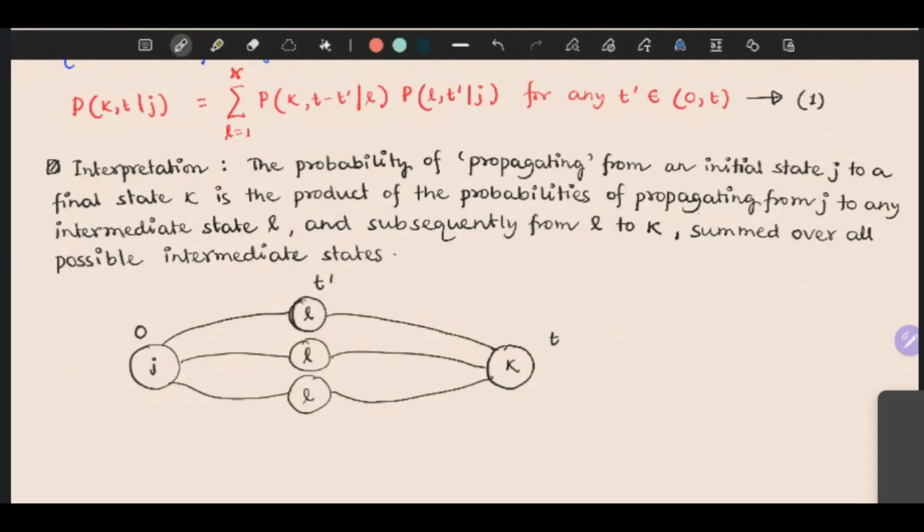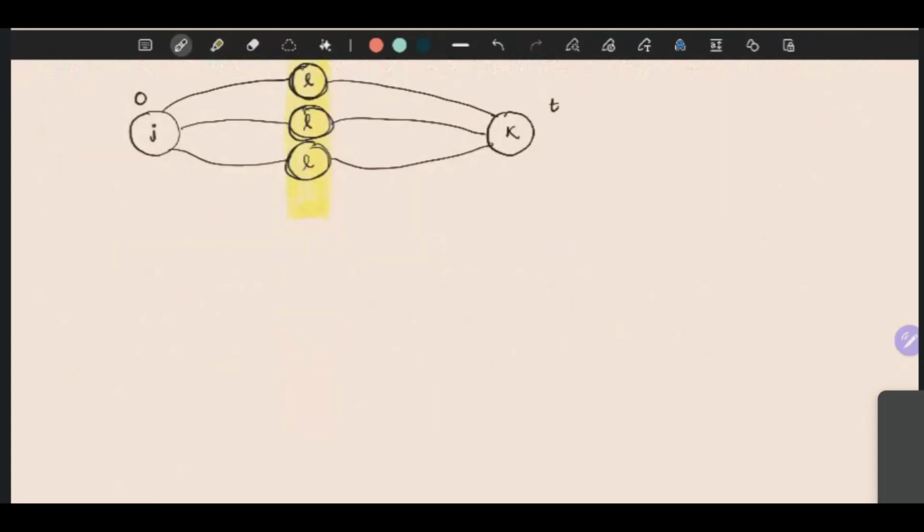You can take all possible states that can happen in this scenario. Now you understand this point. So basically we will sum over all possible states in this region.